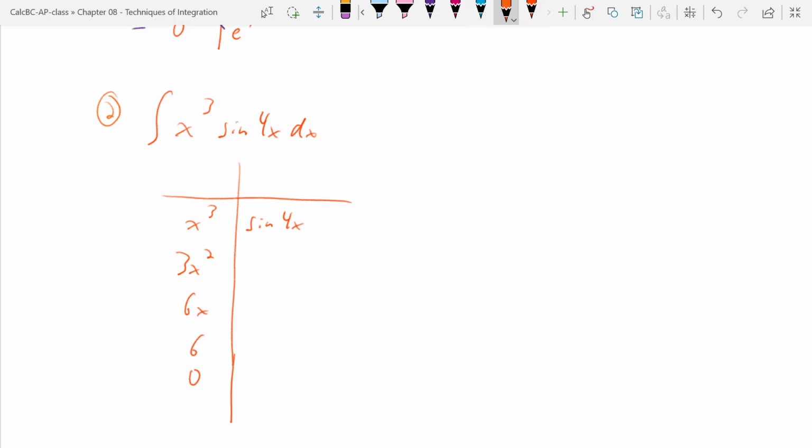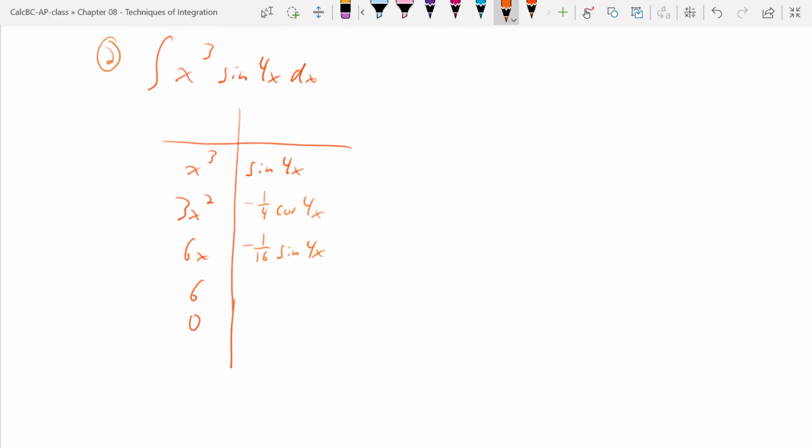Remember, the integrals of trig functions just cycle through every 4, but we also have this 4x to be aware of. So this is going to become negative 1/4 cosine of 4x. Then the integral of cosine is sine, so this is going to become negative, divided by 4, 1/16 sine of 4x.